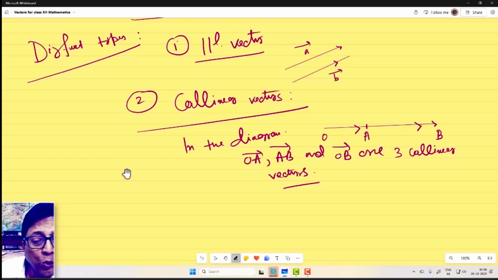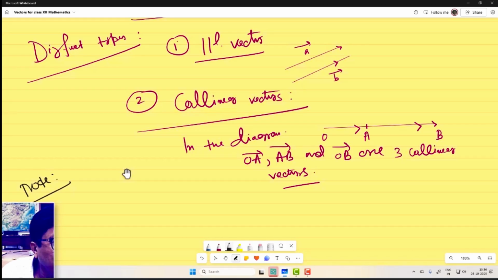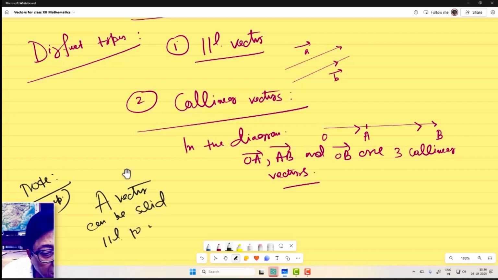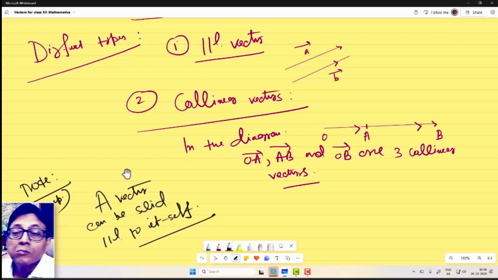You need to remember one very important property of a vector: that a vector can be slid parallel to itself. So from this definition, the vectors A and B are parallel, no? Because they have the same direction.